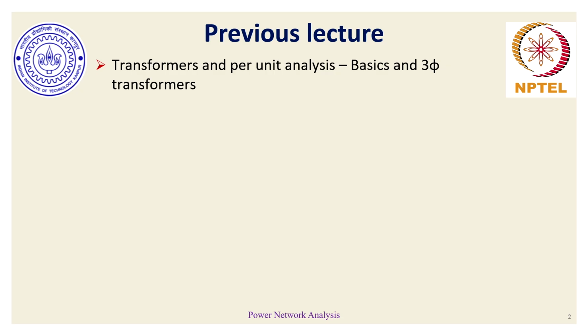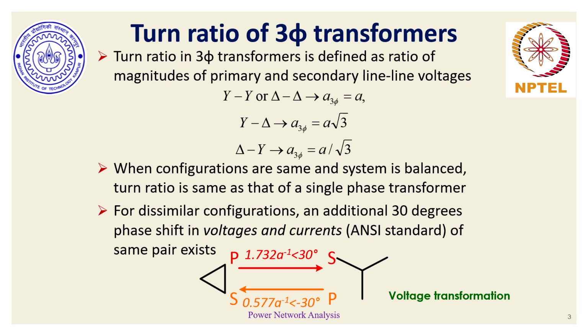And there was one common observation in three phase transformers, which is shown in this slide. When we have three phase transformers of similar configurations, the corresponding line to line voltage ratios on the primary and secondary go by whatever is the individual phase ratio.